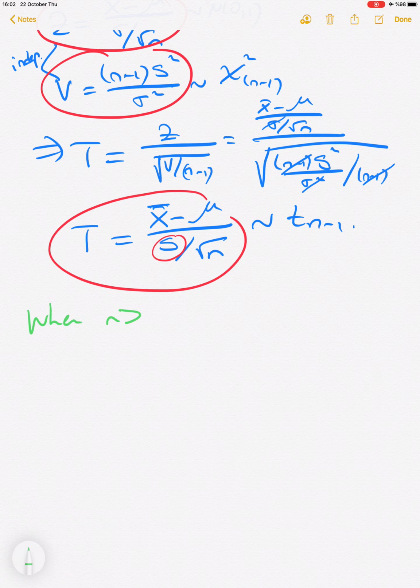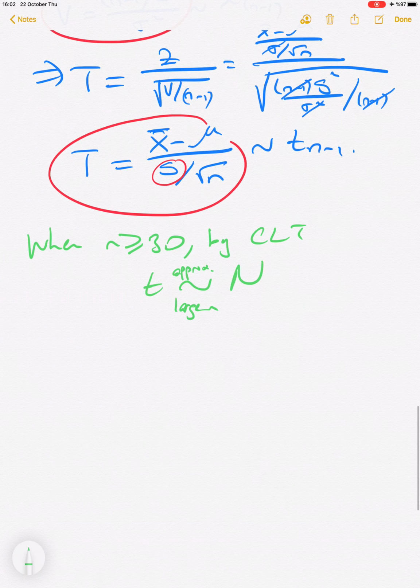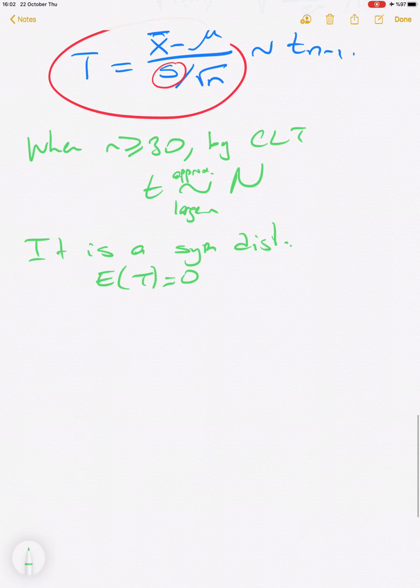Okay, and when our sample size is greater than or equal to 30, by the central limit theorem, this t is approximately normal distributed for large n. The t distribution is a symmetric distribution, and the expected value of t is 0, so it is symmetric around its mean 0.